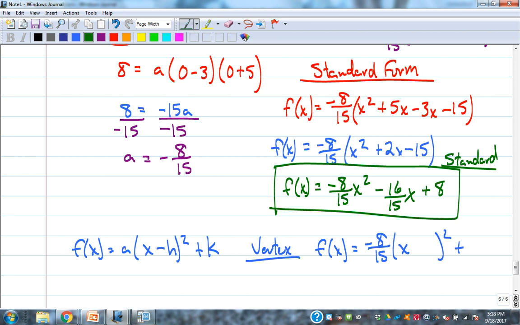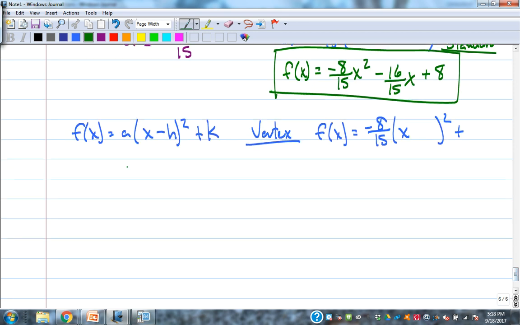Oh man, all I got to do is find the vertex. Negative b over 2a, that's going to be the x. So that'd be 16 over 15 divided by 2 times negative 8 over 15. Never fun to divide fractions. I think it's fun to watch people try to do it. But it's not that bad.